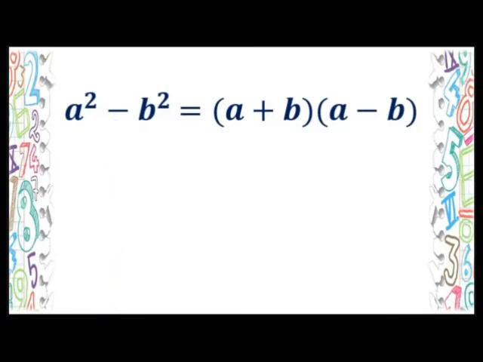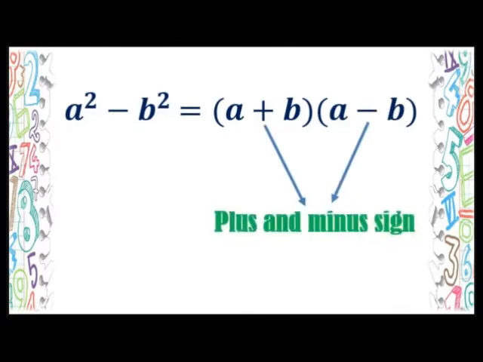So if you have a difference of two squares, the factors are two binomials, which is a sum and difference of two terms. So it always has a plus and a minus sign. The signs can be interchanged.